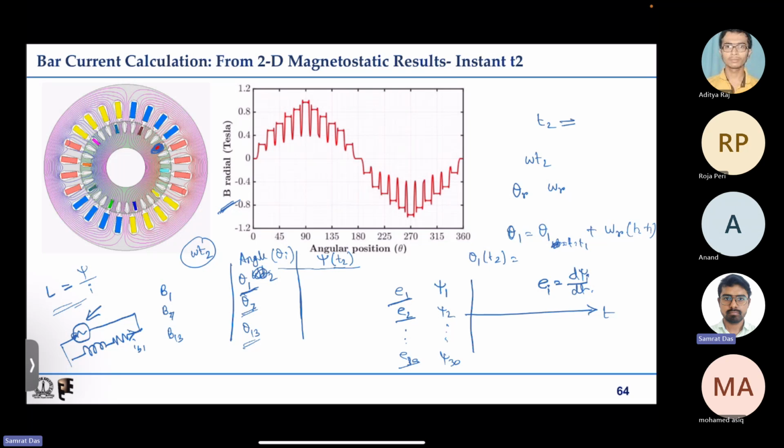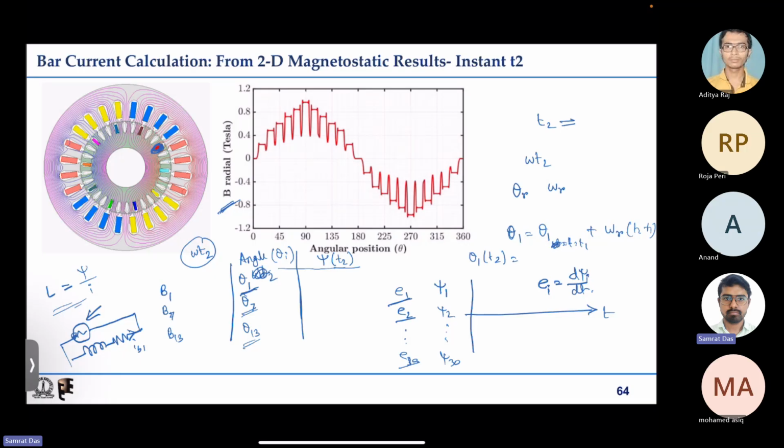So this is the systematic procedure by which, from only 2D magnetostatic simulations, we can get these transient results, basically solve for flux linkages with time and induced EMF.